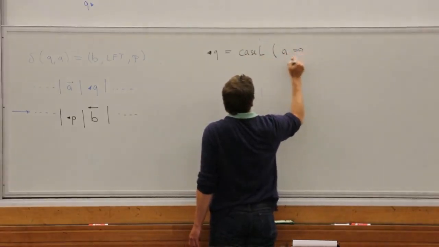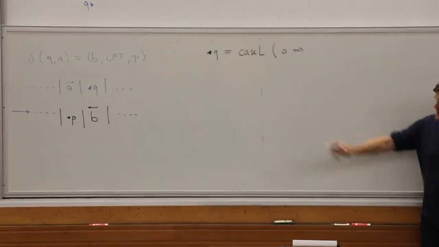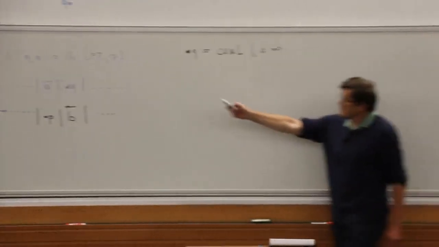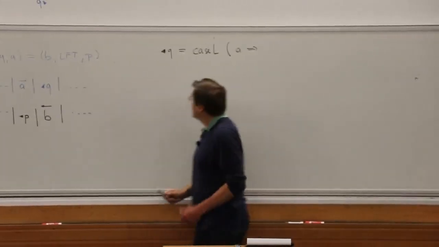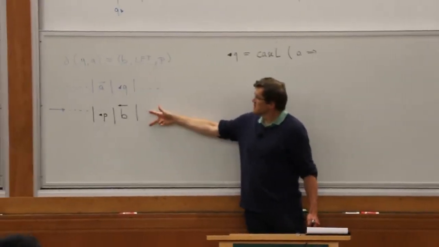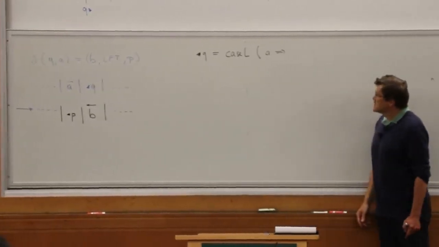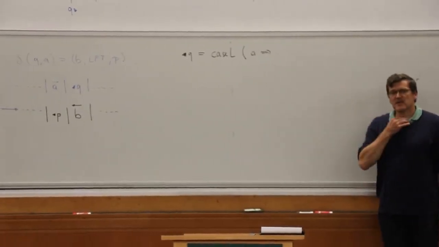And the thing we're concerned about is, what if it sees an A, right? Because that's the picture we drew there, and this is the transition we're looking at. So we want that the configuration takes a step from this to this, if this is what our transition function says. So now how do you write the code to accomplish that?